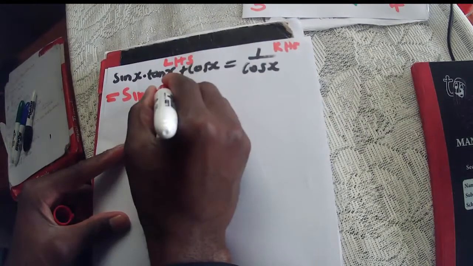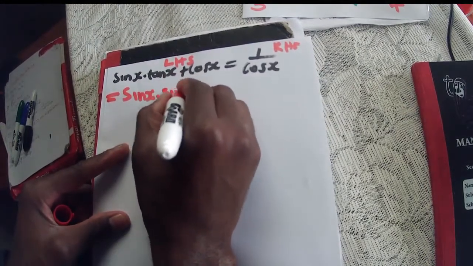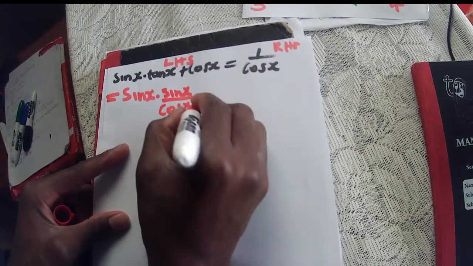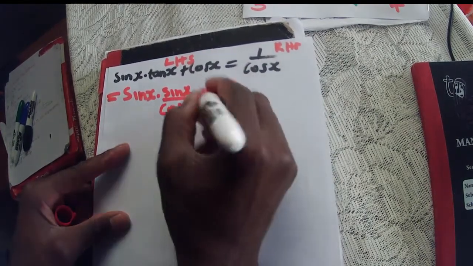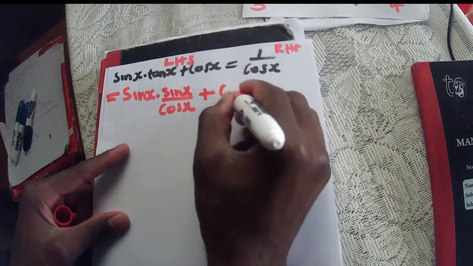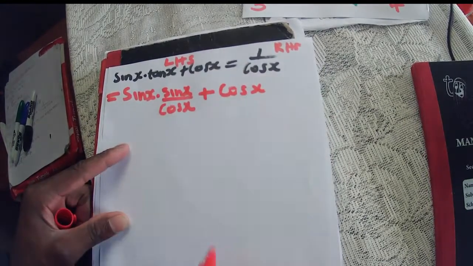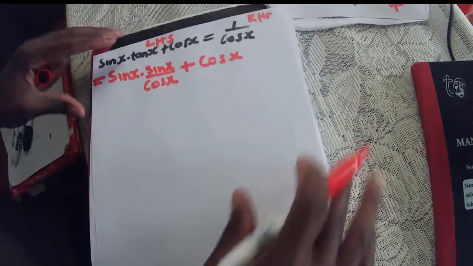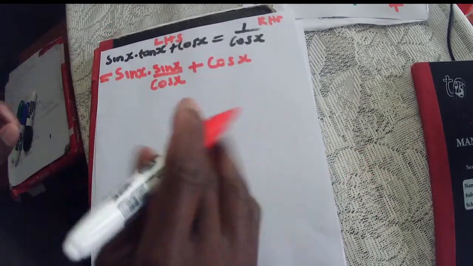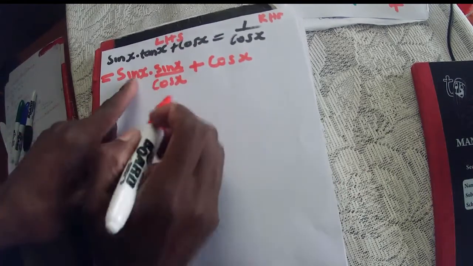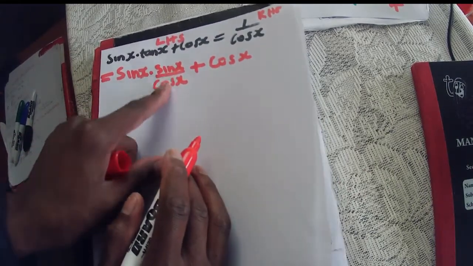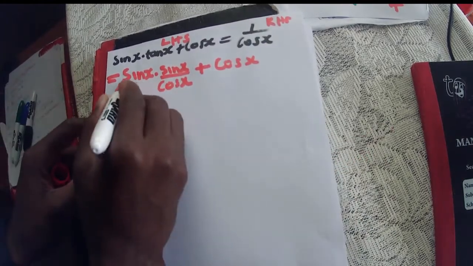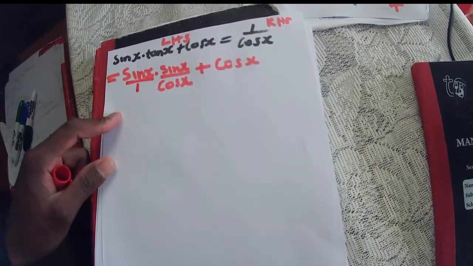So we are going to change that to sine x divided by the cos of x, all right, plus the cos of x, since we don't have the identity for cos of x at this level. Okay, so we have a fraction here. This is sine x over cos x. I'm going to make this sine x a fraction by dividing it by a 1.